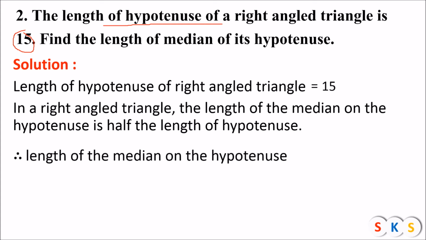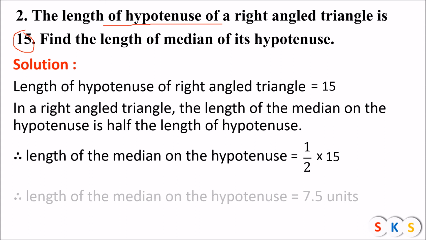And what is the hypotenuse? How much is it given? 15. So half of 15. Therefore the length of the median on the hypotenuse equals 7.5 units. Okay, so make a note: the length of the median drawn to the hypotenuse is always equal to half of the length of the hypotenuse.